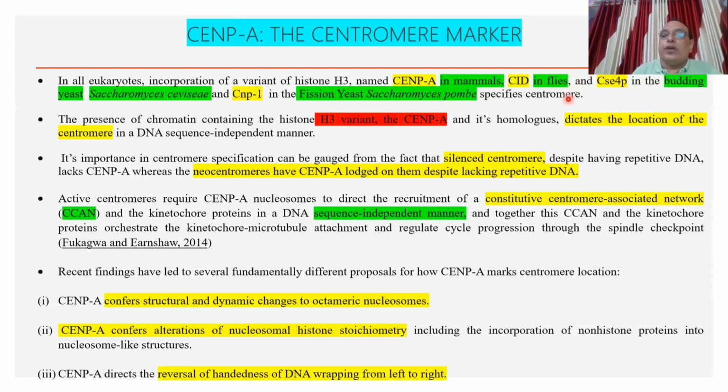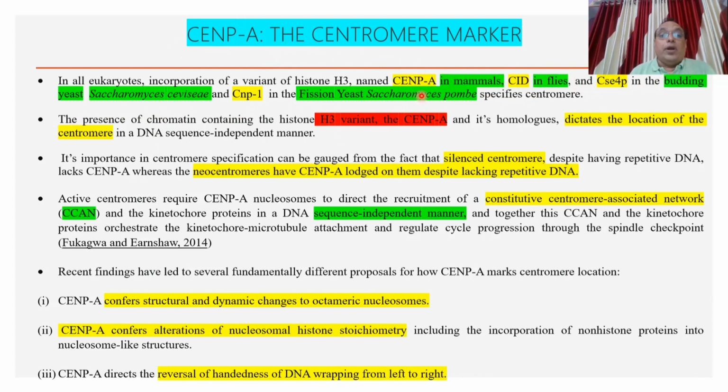So in Saccharomyces cerevisiae, CSE4P is nothing but a CENP-A, that is, a variant of histone H3. The canonical histone H3, or the usual histone H3, which is found in the nucleosome elsewhere, has been replaced by a variant called CENP-A, centromere protein A in mammals, but it has other names in other animals, such as CID in flies, CSE4P in budding yeast, and CNP1 in fission yeast.